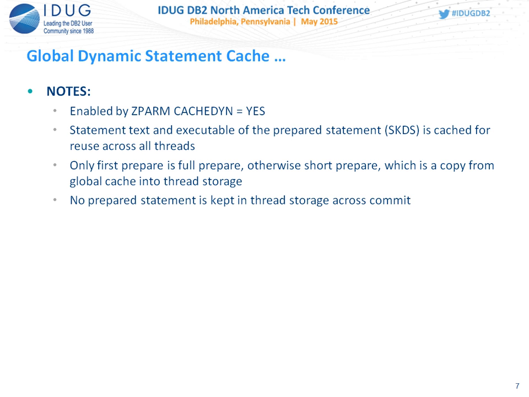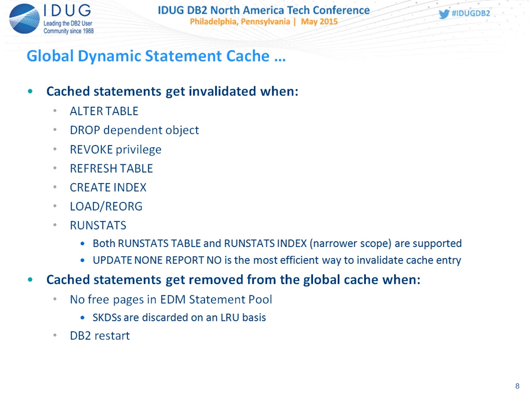We'll talk about when it's invalidated. But the key here is the prepared statement isn't kept across the commit in the thread storage. I want to make sure we differentiate between, if we're talking thread storage, we're usually talking about local statement cache. And here, the SKDS is still in the global cache, but the thread storage, everything else goes away at commit.